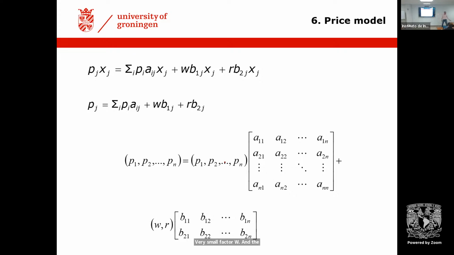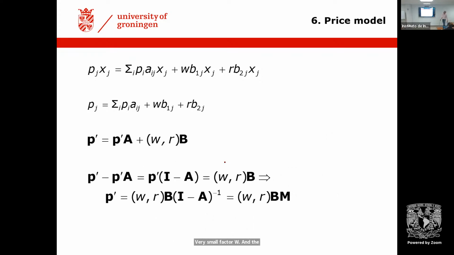Written even shorter: the row vector with prices, P prime, equals P prime times A plus the vector WR times the B matrix. The solution is moving this part to the other side and multiplying with the Leontief inverse, and you get the price model. The prices are given as WR times B times M.